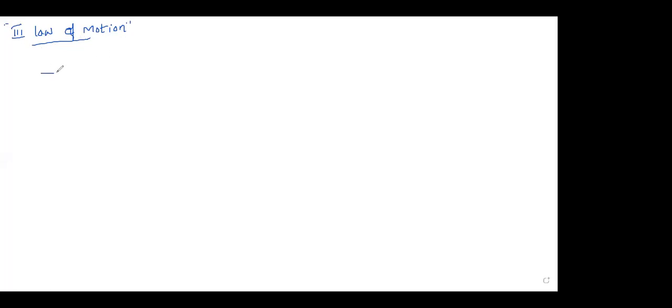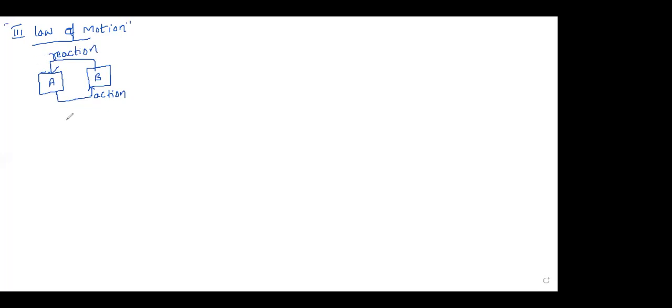Suppose I consider a body A here, and I'm going to consider a body B here. How much force is going to act on the body B? Let it be an action. The same amount of force is given to the body A by the body B. That is called the reaction.